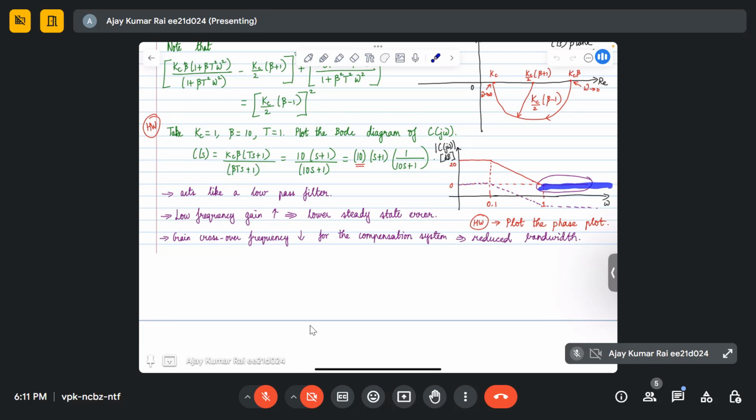That's what we want, because we don't want to amplify the high frequency region, since it just adds noise to the system. And one important thing is what it's doing in the low frequency region. It is actually amplifying the low frequency region, so we can have a lower steady state error. It's shown here.